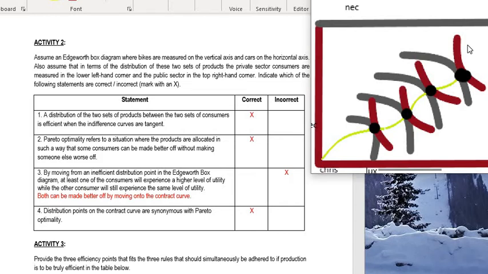So Pareto optimality basically means that if you're at that optimal position, then you can't move without making the other person worse off. So if you're going to move from this point over here to this point over here, then yes, Chris would be better off, but Lindy would be worse off. Therefore, you don't have Pareto optimality.